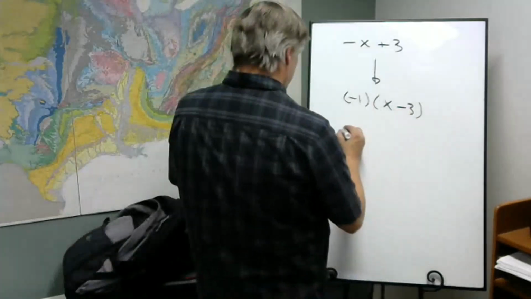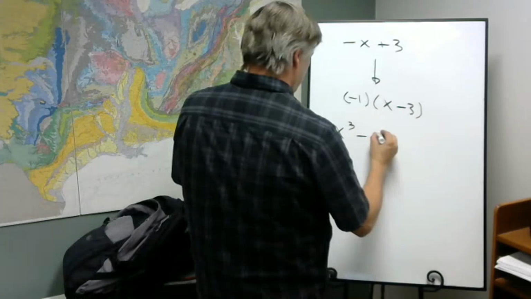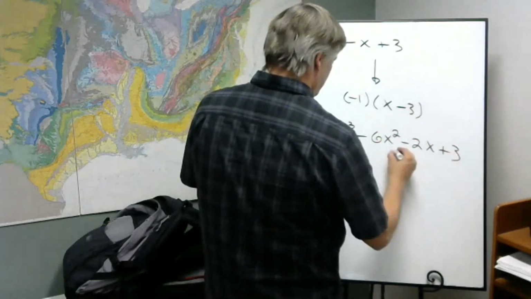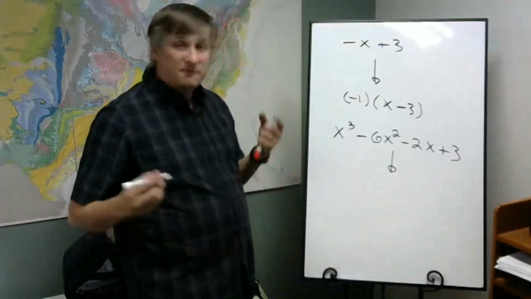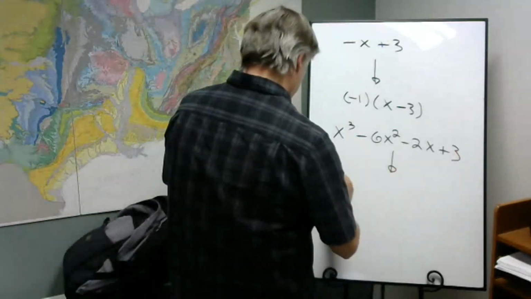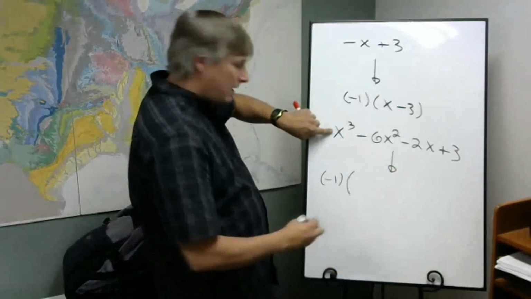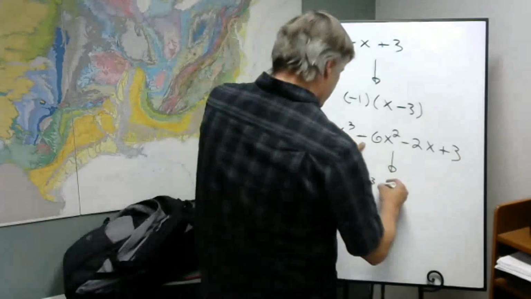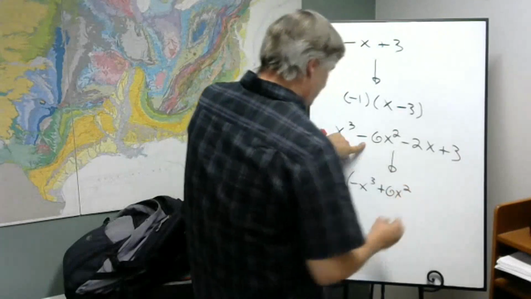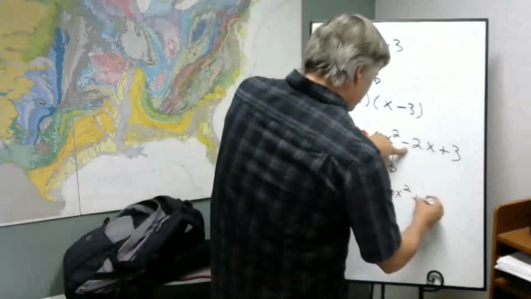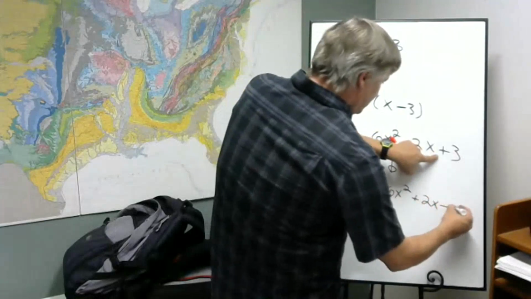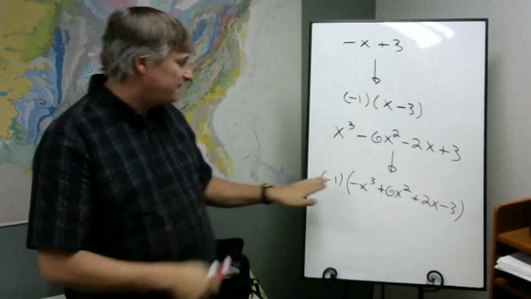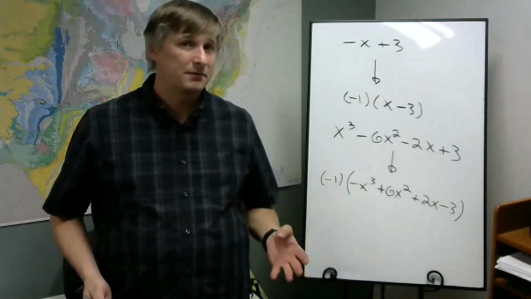So let's say we have this. If you factor -1, this positive will now become negative. This negative will become positive. This negative will become positive. And this positive will become negative.